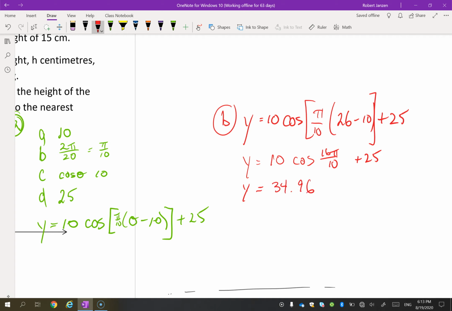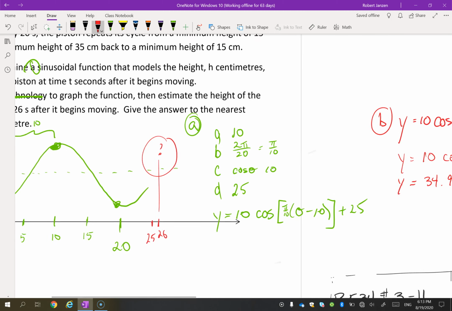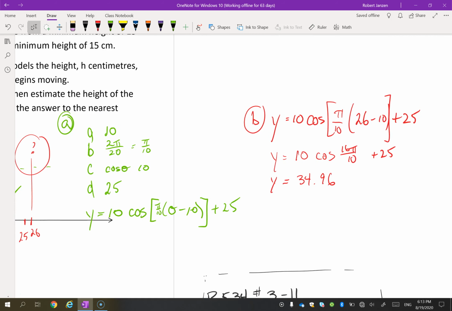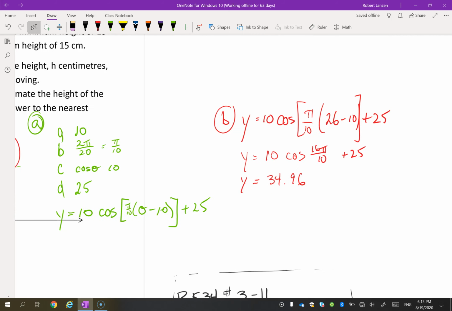That doesn't quite make sense. Let me see if that makes sense. I don't think so. What did I do wrong? Let me just put that back in. Let's try again. Yes, that's why I had it in degrees. Okay, that's the wrong answer.